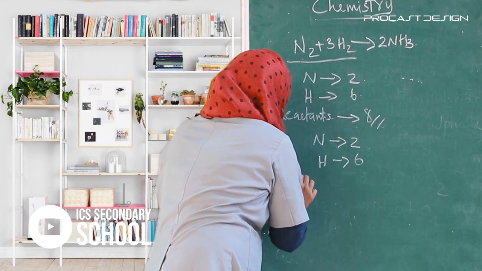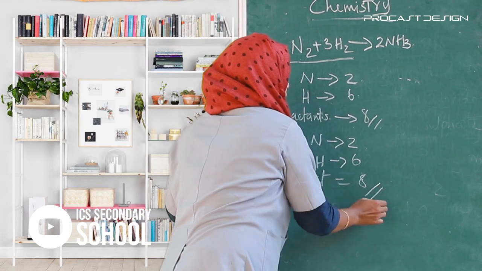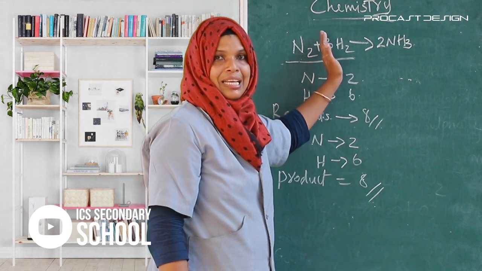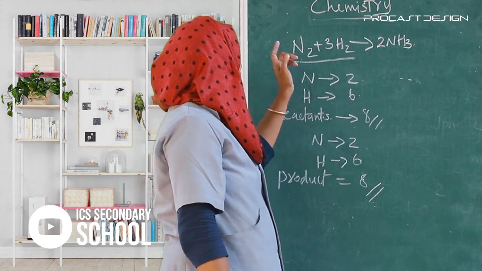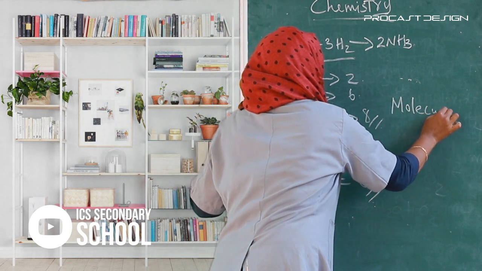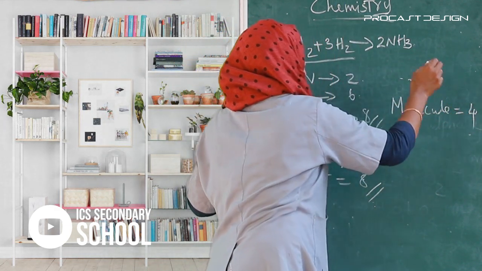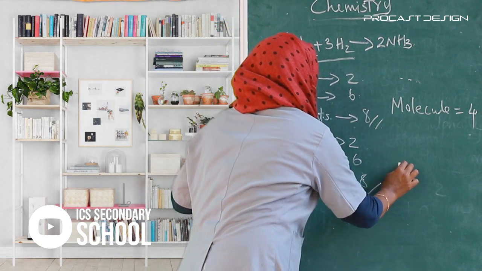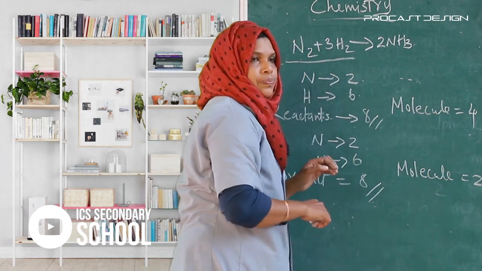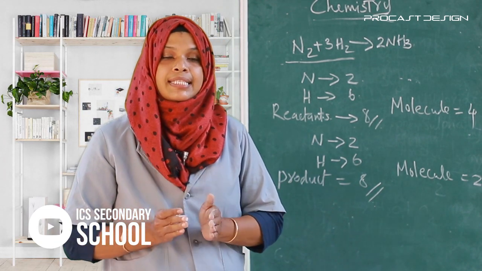The total for the product is 8. This is a balanced chemical equation. So the number of atoms on the reactant and product side are equal, but in the case of molecules, the number is 1 plus 3 equal to 4 on this side, and on this side the number of molecules is 2.